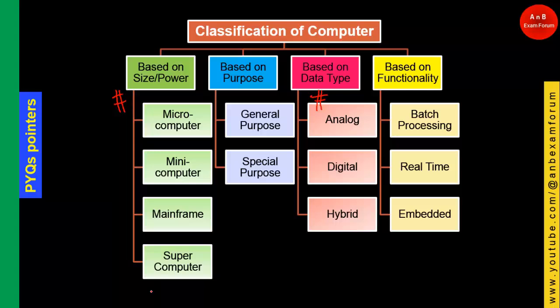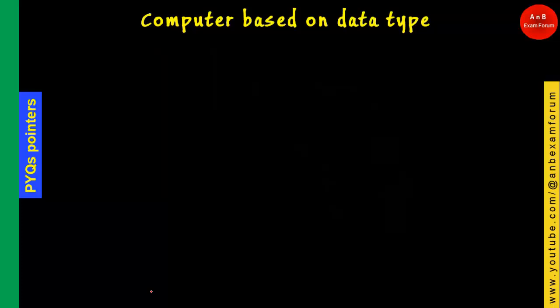Okay, so let's see them one by one. The first important classification of computers is based on the data type. As we have seen in the definition, it is going to accept data as an input. What type of data it takes as input, based on that there are 2 types of computers in fact.